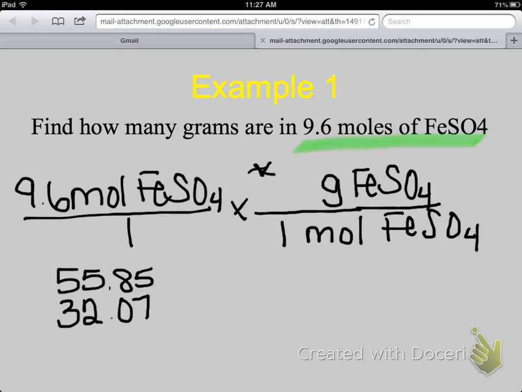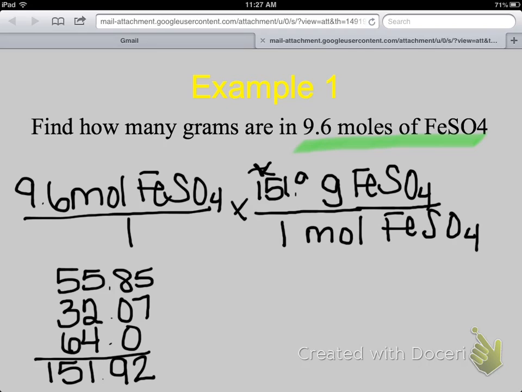I have 4 of them, so 4 times 16 will give me 64.0. So add those all up, 151.92, and that's grams per mole, which is what our conversion factor is. So there's my grams over moles. So we are all set up, good to go.